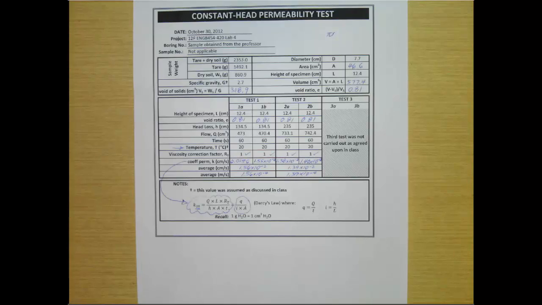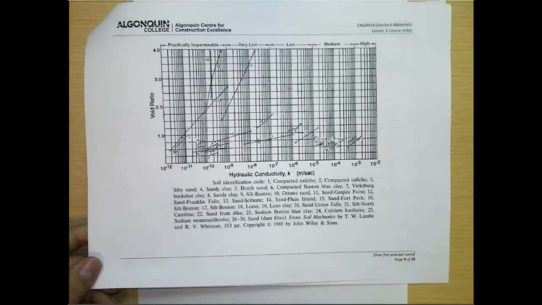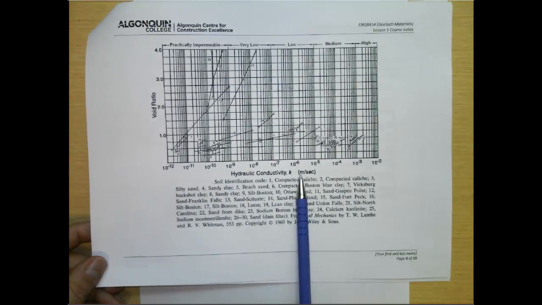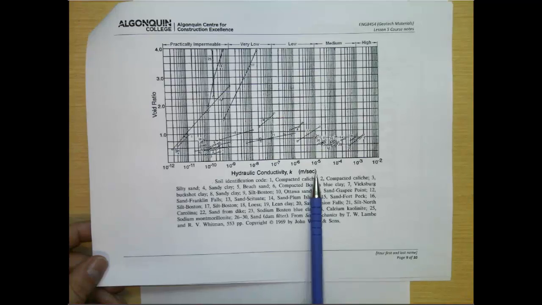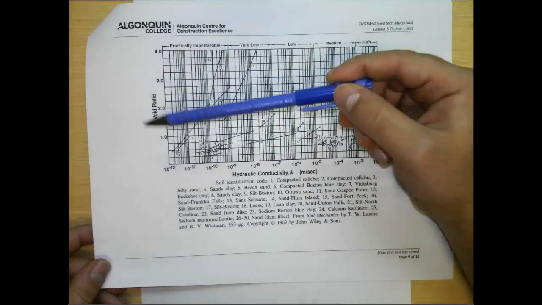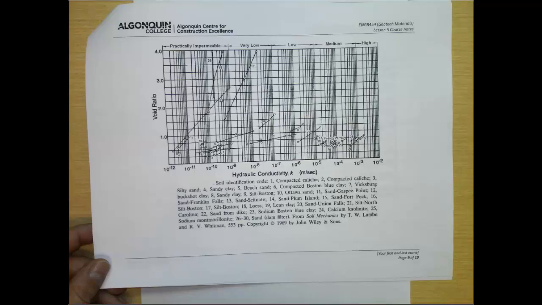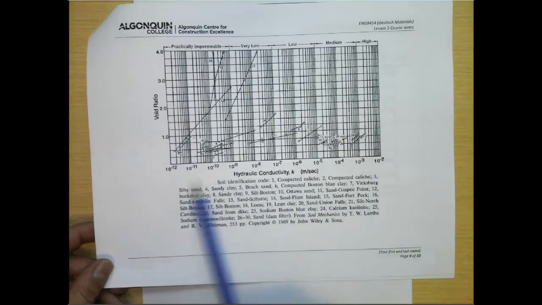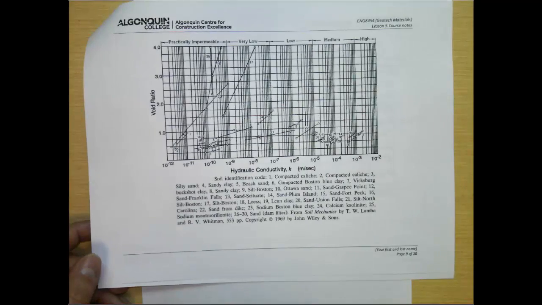If you also go to your course notes, you'll remember that you had also this chart here, which has along the x-axis the hydraulic conductivity in meters per second, and along the y-axis the void ratio. You can also use this chart to identify what kind of soil it is that we tested in the lab.